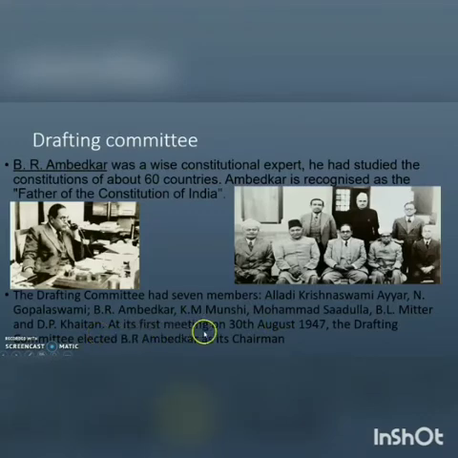At its first meeting on 30th August 1947, the drafting committee elected B. R. Ambedkar as its chairman. So the drafting committee elected B. R. Ambedkar, who was a law expert, to take up the responsibility of preparing the Indian Constitution.